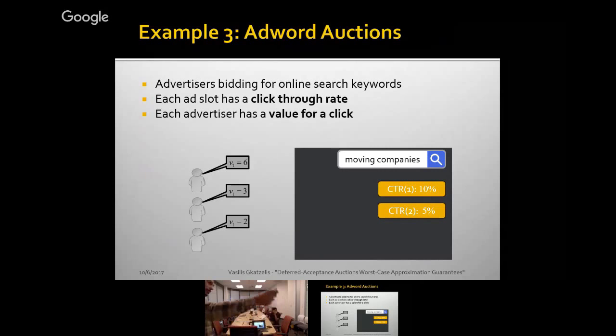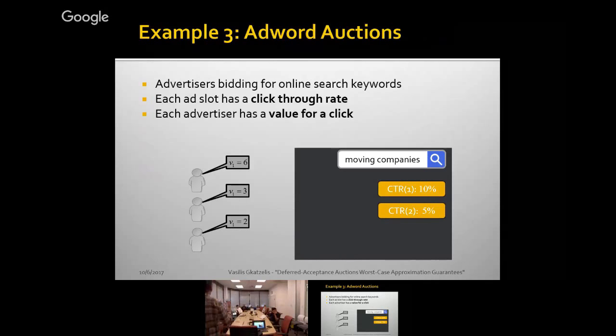So you have advertisers on one side bidding for online search keywords. So their position, if you search for moving companies, there's slots, and there's a different click-through for a different slot. And each advertiser has a value for a click, essentially, right? So different positions in this case would give you a different click-through rate.